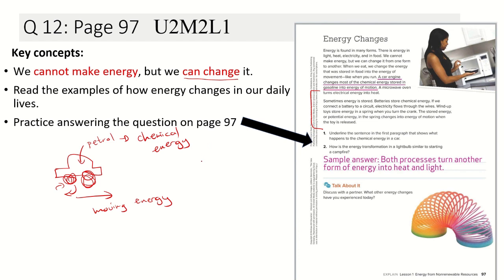Another thing that happens in everyday life is if we think about a light, when we're putting a light on, or a campfire when you go camping, how are they the same? They may start from different types of energy. A light bulb uses electrical energy to make light, and a campfire uses chemical energy. But both of them will make heat and light. So both of them turn another form of energy into heat and light.